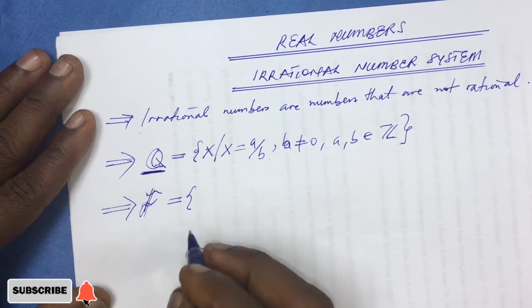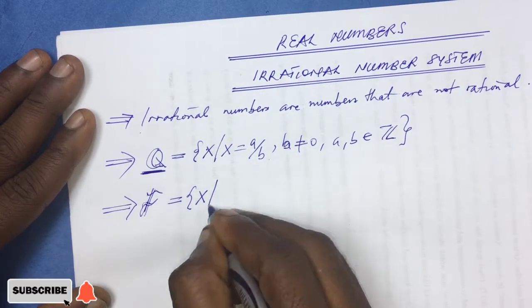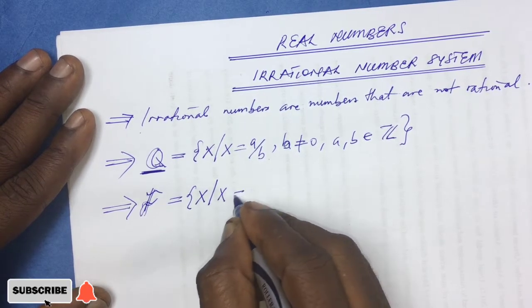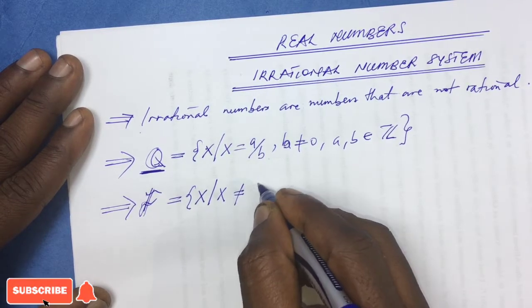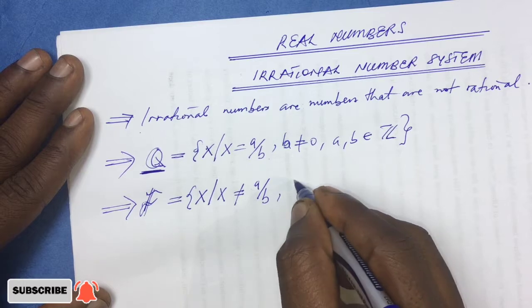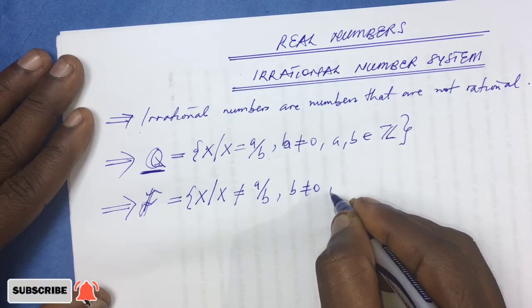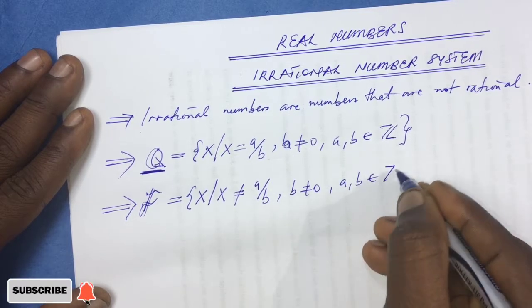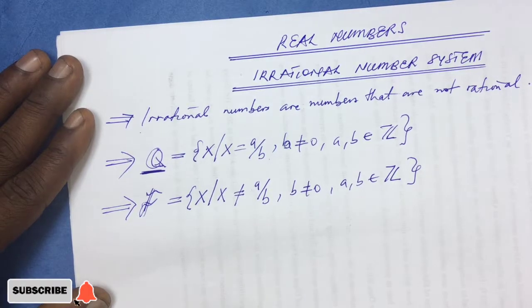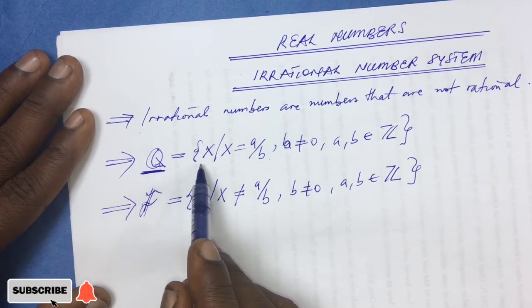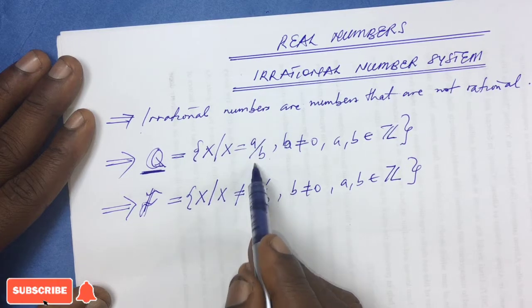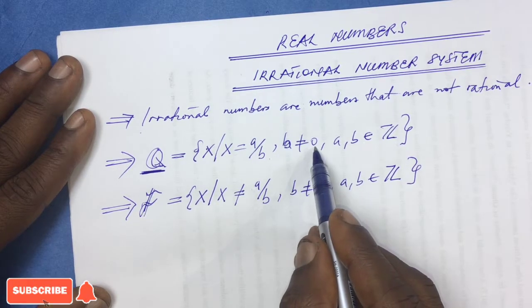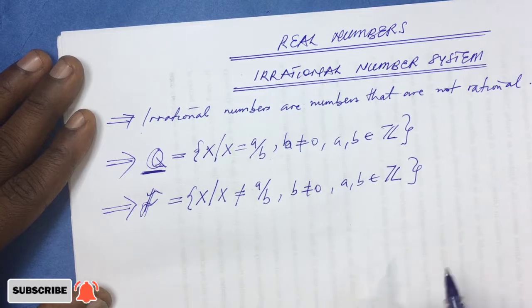So the irrational number system is a system that contains all elements x such that x cannot be expressed as a ratio of a over b, where a and b are members of Z. In the rational number system, elements could be expressed as a over b, with b not equal to 0 and a and b integers.